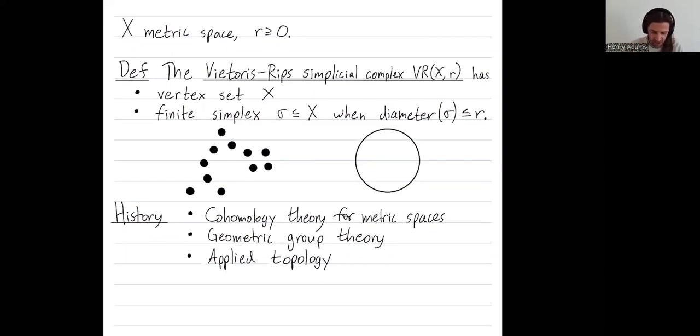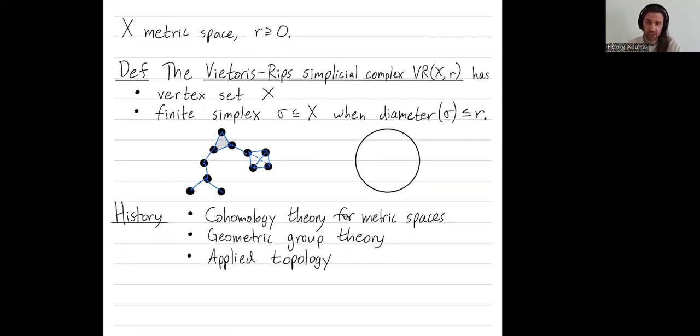So maybe I choose my scale parameter to be approximately 1 inch. Then I have all these edges in my simplicial complex. I don't, for example, have this edge because that's too long. Maybe that edge was 2 inches. And then in the Vietoris-Rips construction, whenever you have all of the edges of a simplex, you fill in the simplex.